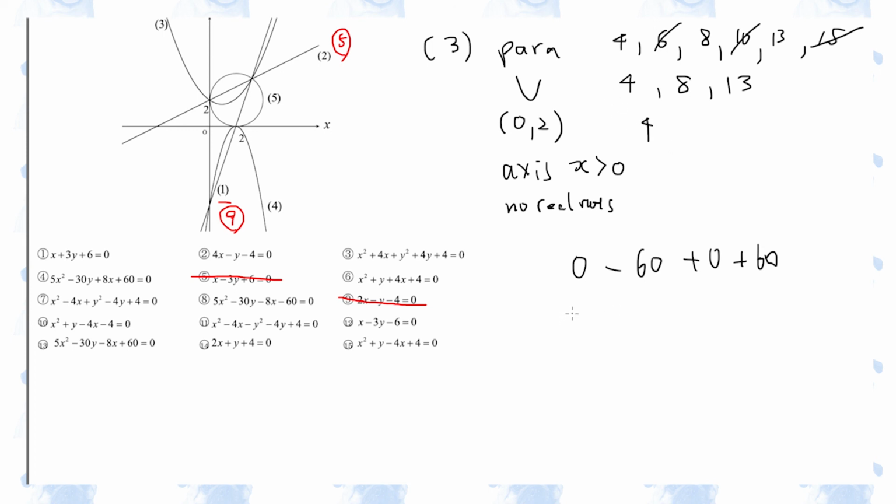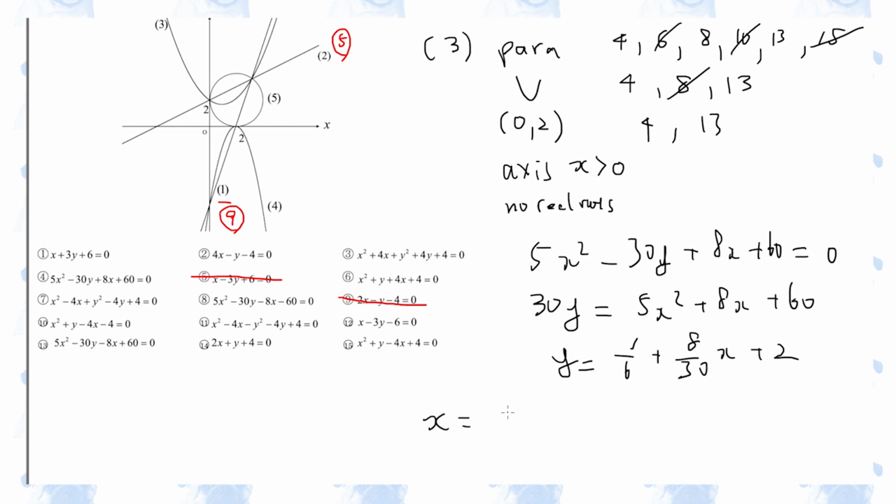Let's check number 8. 0 minus 60 plus 0 minus 60. Wrong. 13. 0 minus 60 plus 0 plus 60. So it's either 4 or 13. So let's check the axis of symmetry.